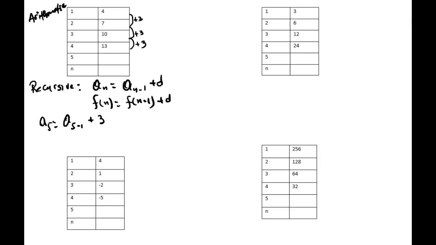So a sub 5 equals a sub 4 plus 3. And don't we know a sub 4? Yes, we do. So a sub 5, the fifth term, is equal to 13 plus 3, which is equal to 16. So this term right here is 16. And looking at the pattern, that makes sense. 13 plus 3 is 16.